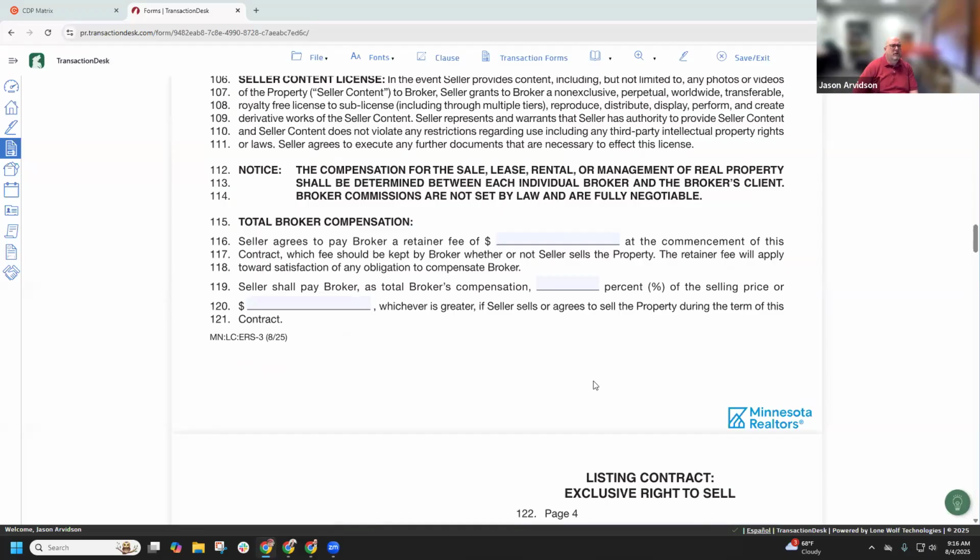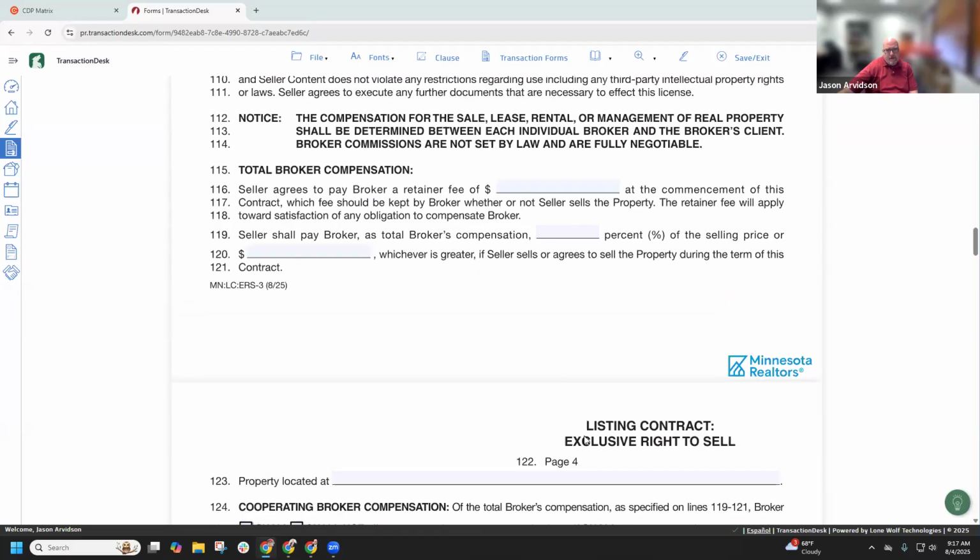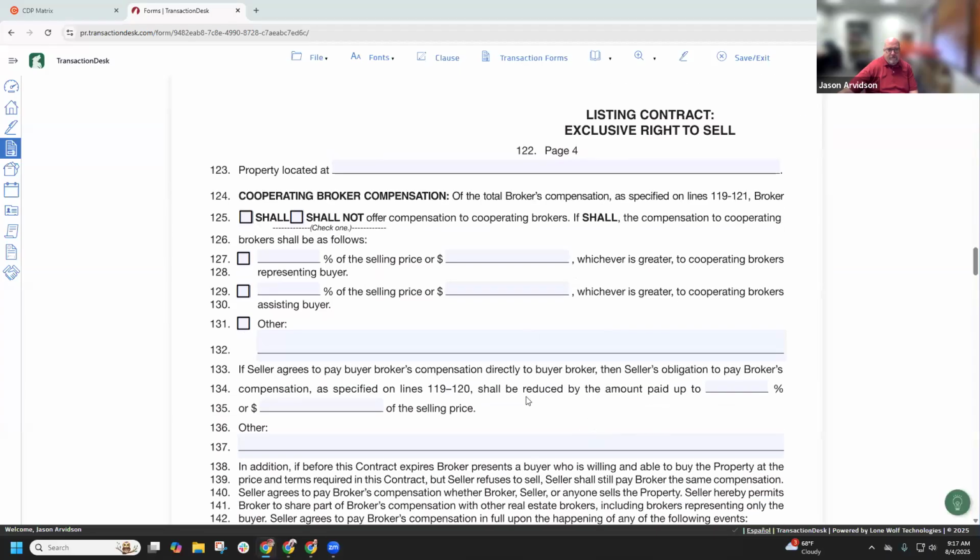So let's say as a seller, you've agreed to pay the broker 2.7% of the selling price, and the buyer and the buyer's representative have agreed to do the job for 2.5%, then they don't have to pay that difference, which is why we typically absolutely agree that 125 you shall not.